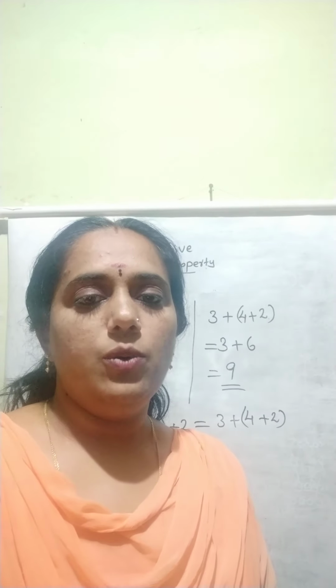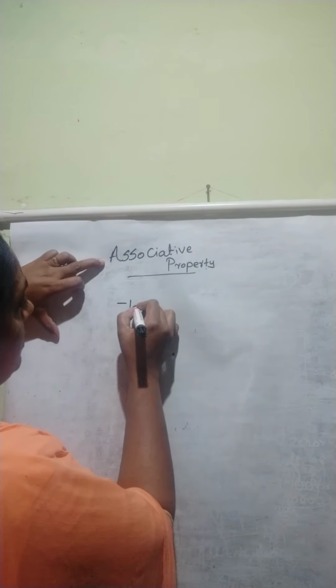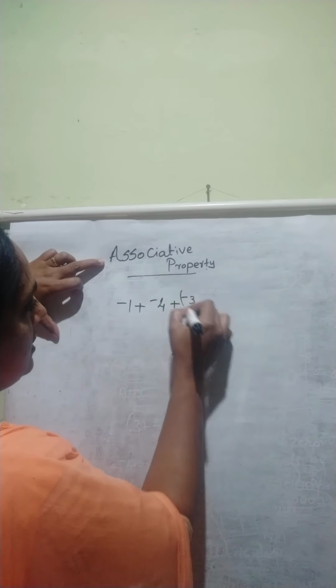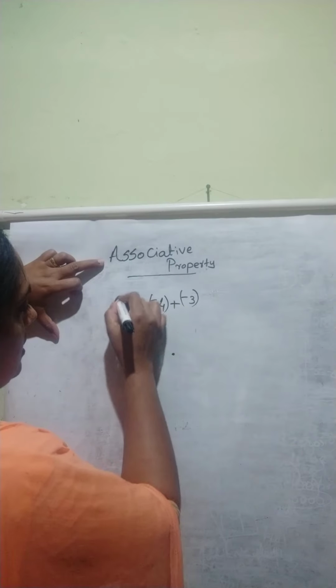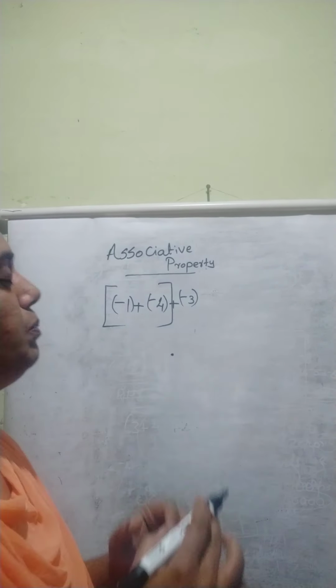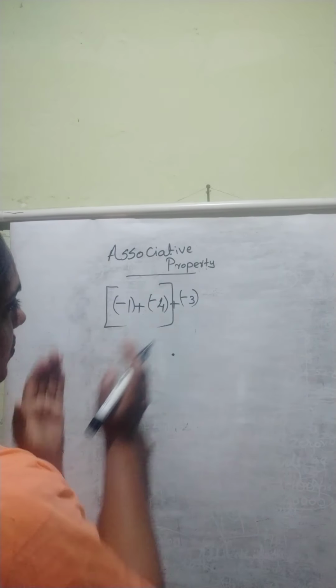Now, we can add negative integers. That is, negative 1 plus negative 4 plus negative 3. There are 3 negative integers. First, we can give the bracket to negative 1 plus negative 4. So, we can do this part first.